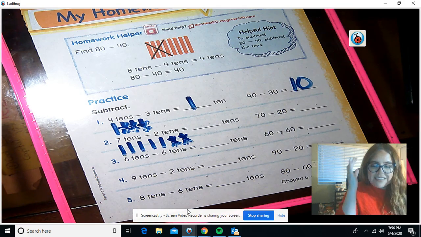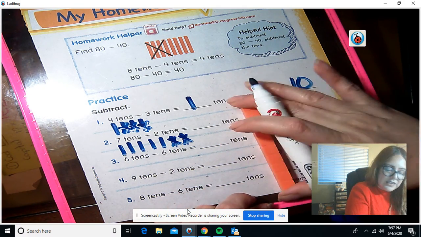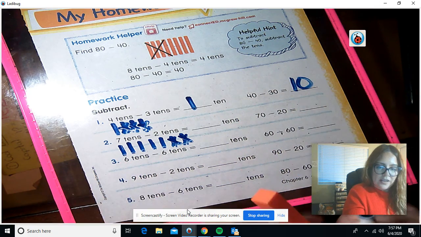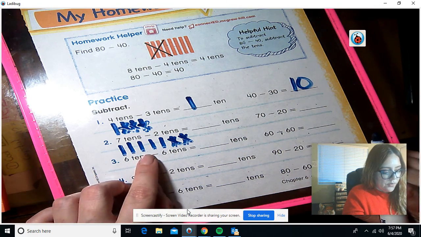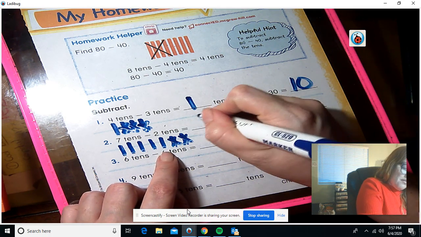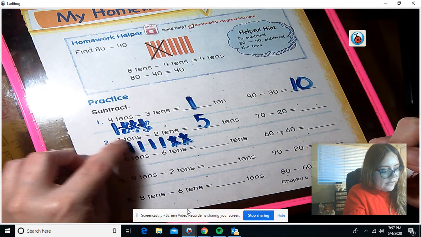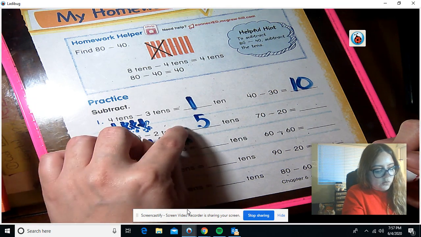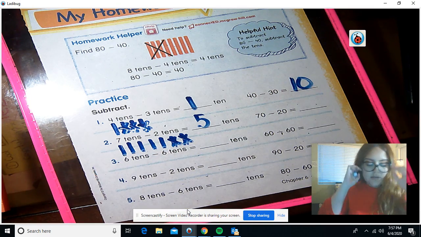And remember, tens is the whole group. So all of this together, how many of these are left? 1, 2, 3, 4, 5. 5 tens are left. So that's 7 tens minus 2 tens equals 5 tens. I have 5 groups of 10 left.